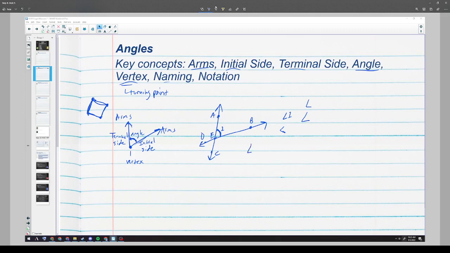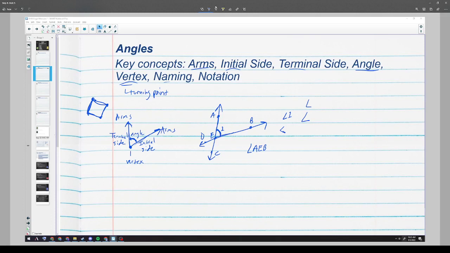So angle here, I could name this A, E, B, because as I draw from A to E over to B, I've just basically sliced out this corner where this angle is. So I could call that angle AEB. I could also call it angle BEA if I traced the other way. But notice that the vertex will always be the middle letter because we have to go through it and turn and go toward the other ray.